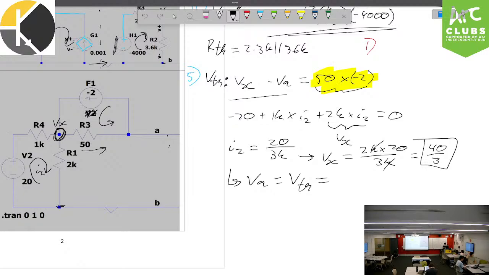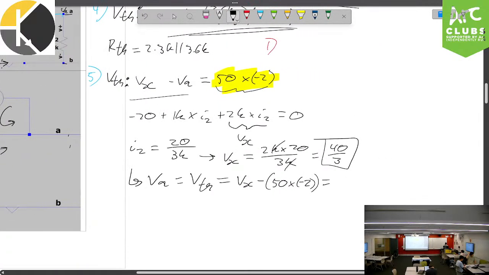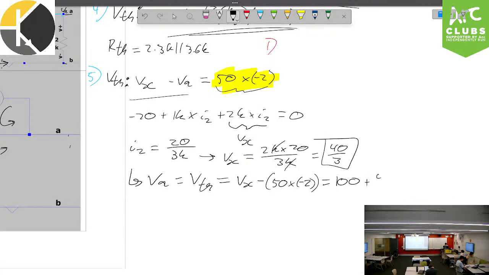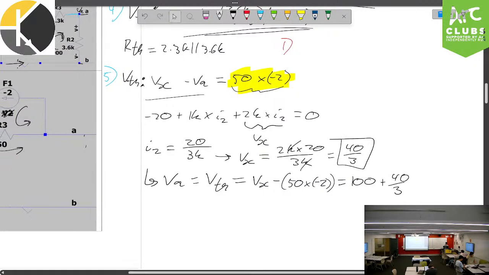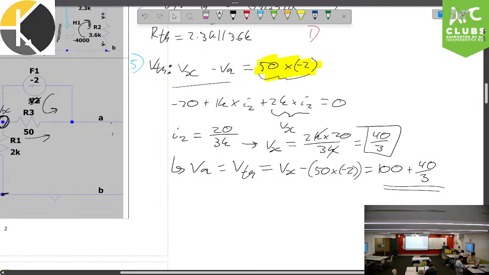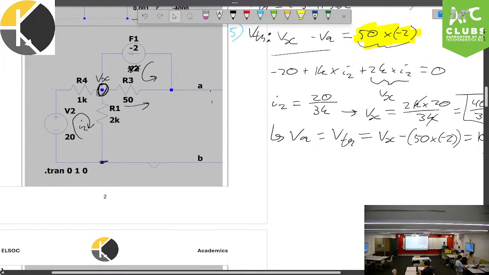So in other words, it's just going to be 100 more than Vx. So it'll be 100 plus 40 on 3. Good stuff. Very happy with that. And we can calculate our Thevenin now, the truly tricky bit. Or maybe not.